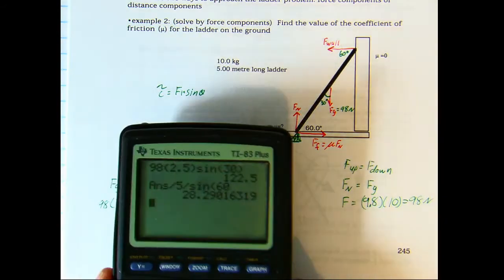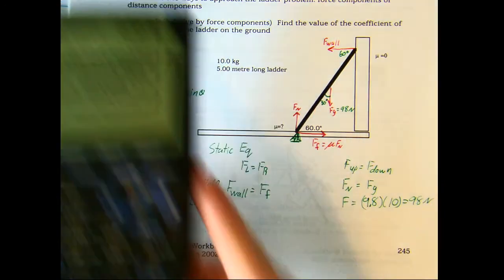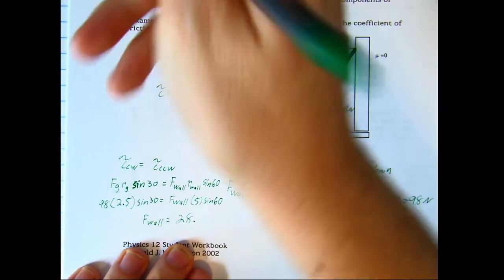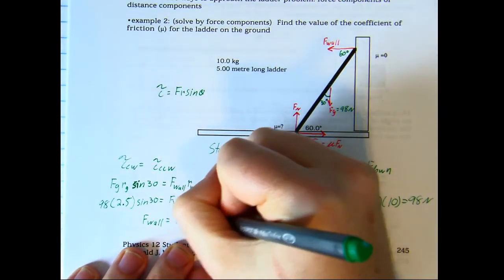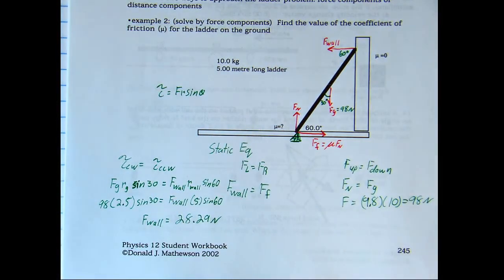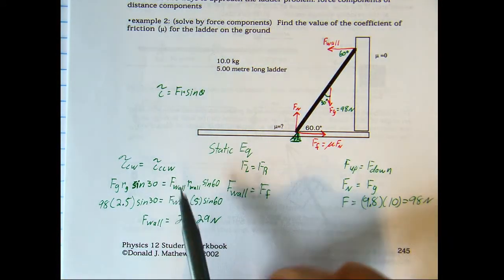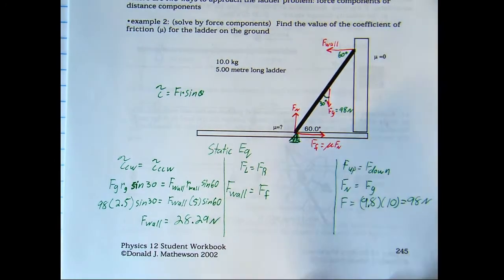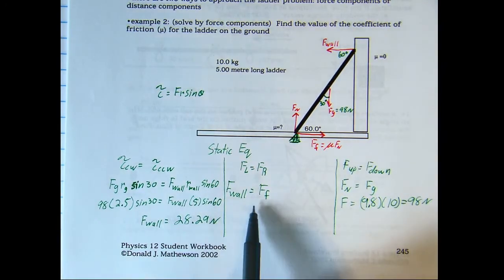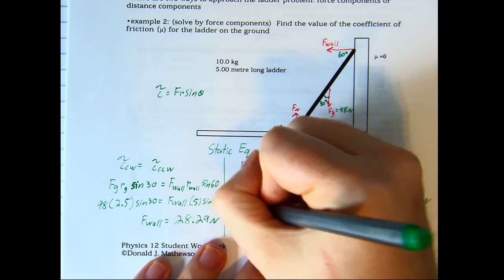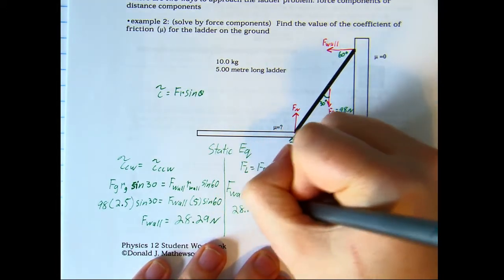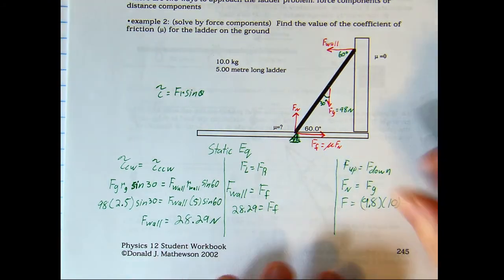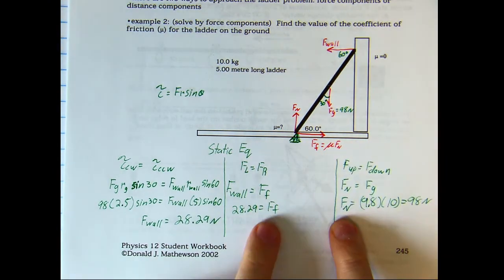So I punched it into my calculator, and the force from the wall is going to be 28.29 newtons. Well, that's great, because I'm just going to draw a line here to differentiate some of these sections: F wall gives us the force of friction. So the 28.29 here is going to equal my force of friction, and then to find my coefficient of friction, I can just plug in what I know for Fn and Ff.